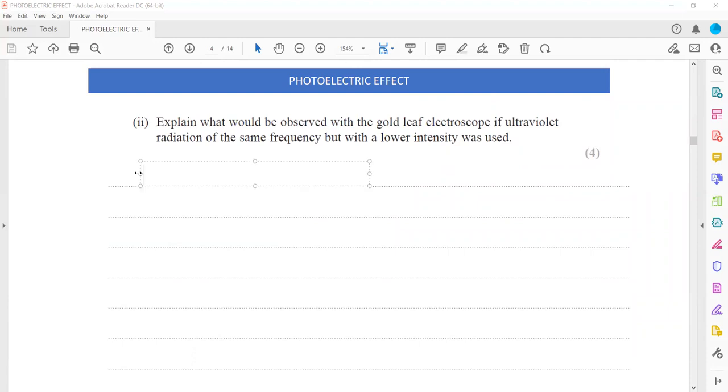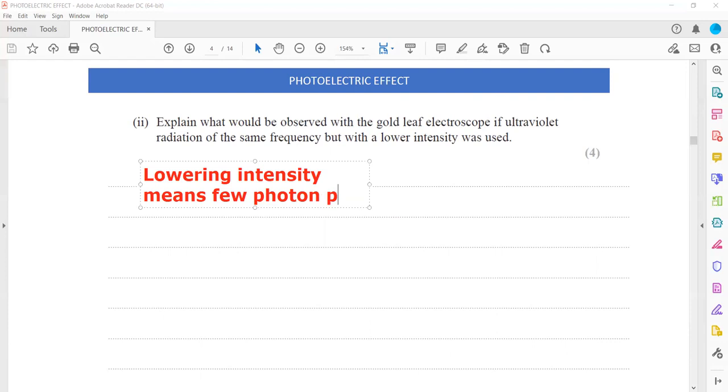In the distribution of the marks, number one, you have to mention the effect of lowering the intensity. Lowering the intensity means few photons every second from the source. That is one thing.